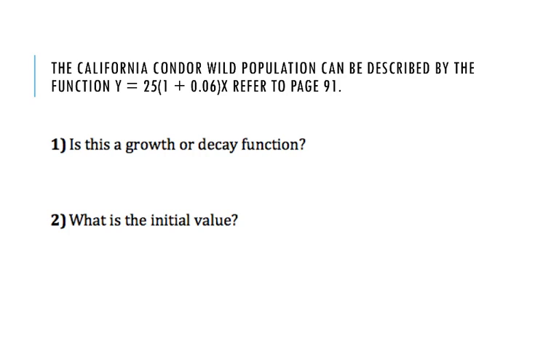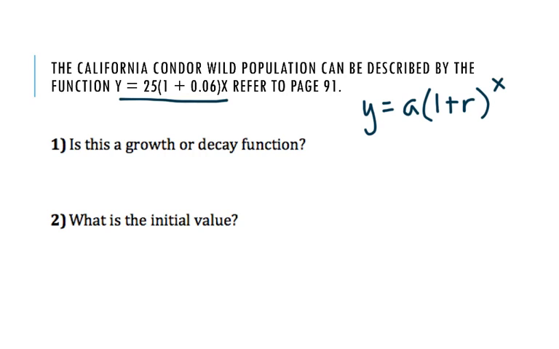So the first thing we want to do is, if we refer back to page 91 in your notes, you will find that this function that we just read is written in exponential growth form, which is y equals a times 1 plus r raised to the xth power.